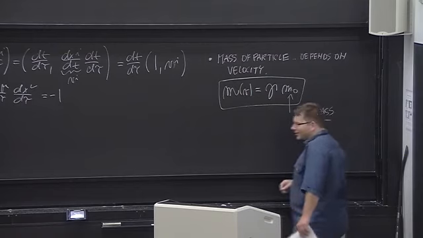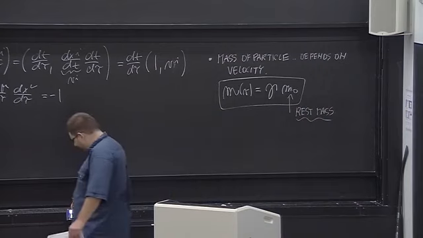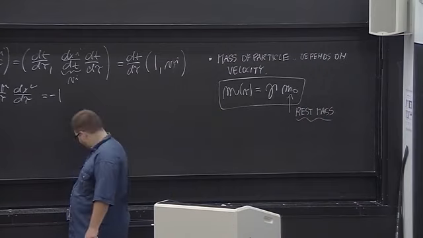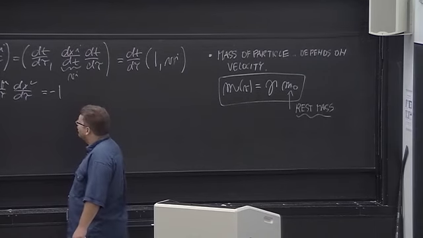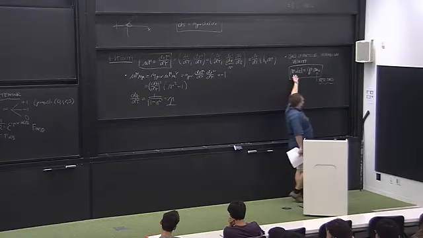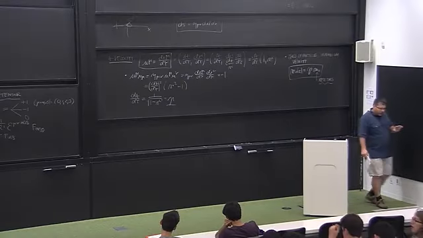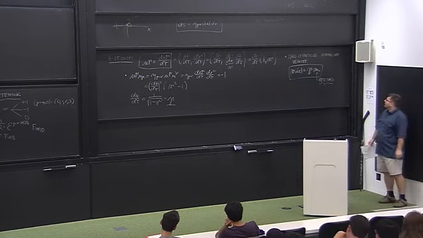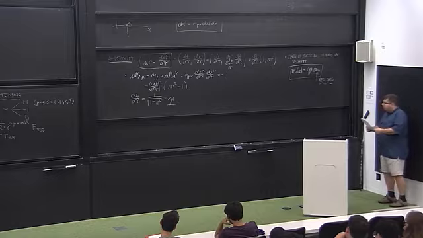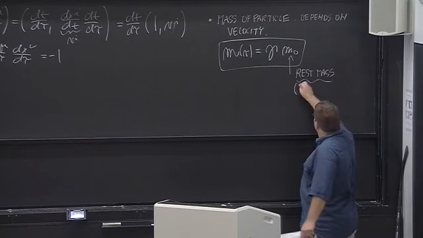Because it's the rest mass, meaning the mass of the particle at rest, this is a Lorentz invariant quantity. I just defined this to be a number, and then this will be true in any frame, right? So this is my mass as the observer sees it if the particle moves at the velocity v, but m0 is the rest mass. All right. So now this is another scalar.